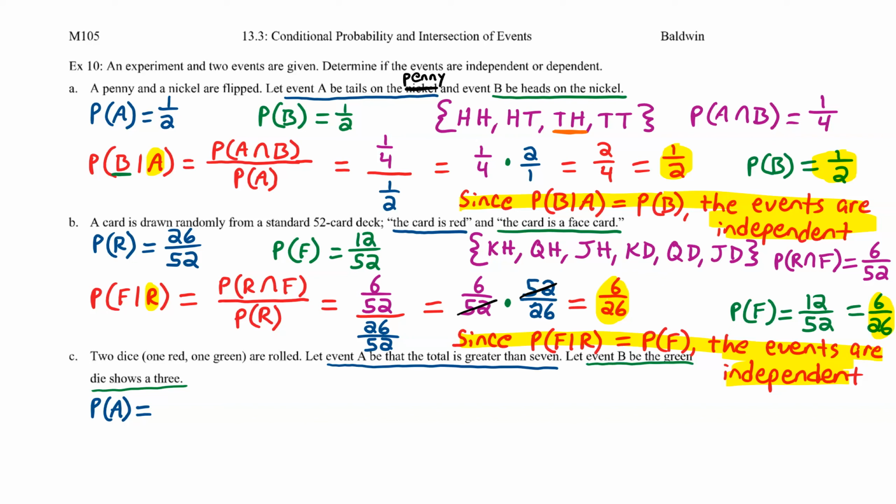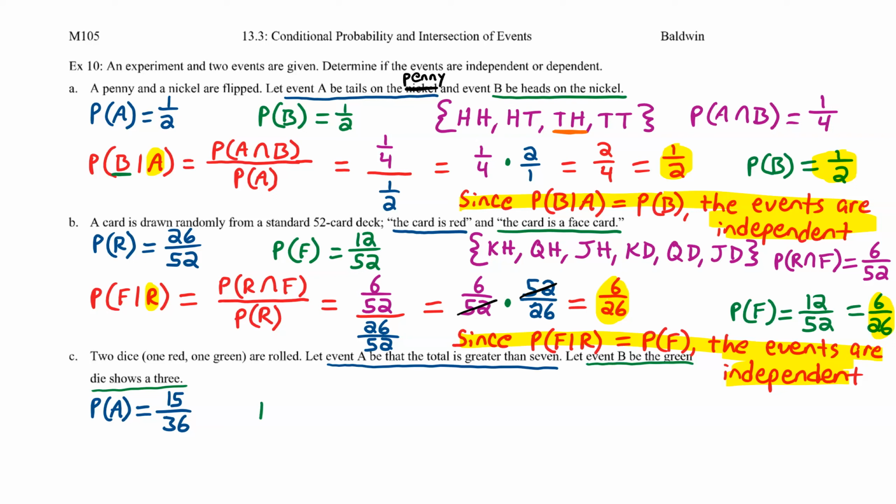If we were to list them all out, which we're not going to, so that we could figure out how many times the 2 dice add up to be bigger than 7, we would find there are 15 instances out of the 36 possible outcomes where that happens.